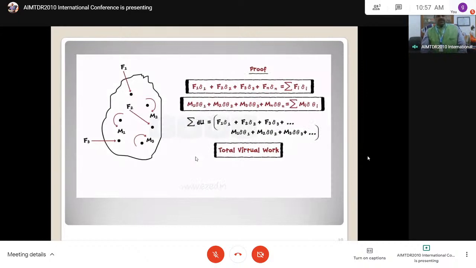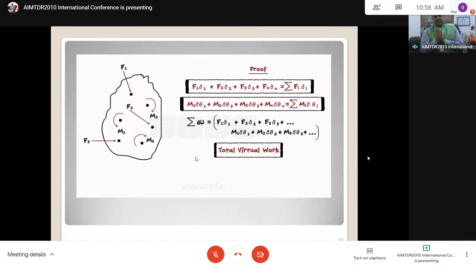Now let us see the rigid body subjected to three forces: F1, F2, F3, and moments M1, M2 and M3. This rigid body is subjected to three forces and three moments. F1 delta 1, F2 delta 2 and F3 delta 3 and F4 delta 4.